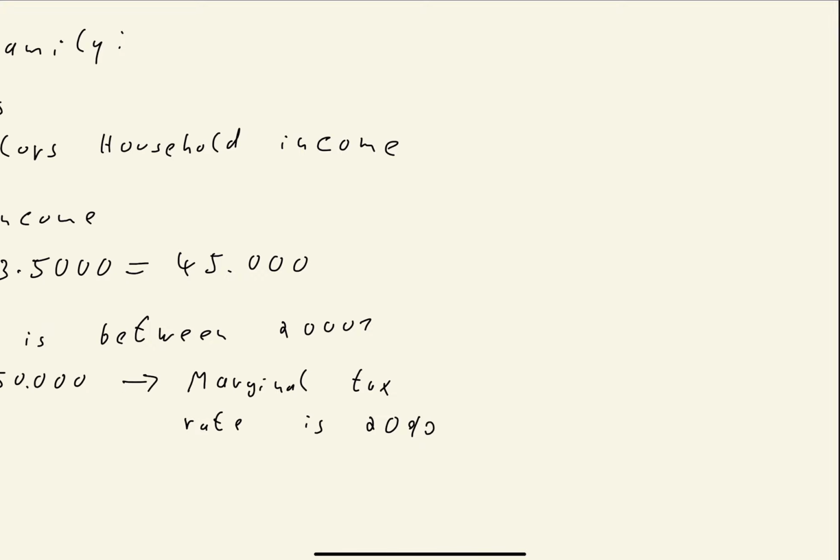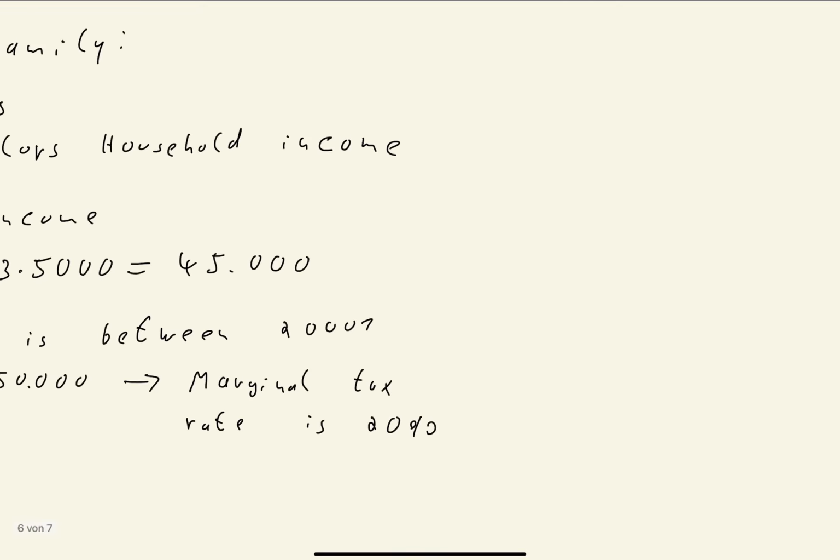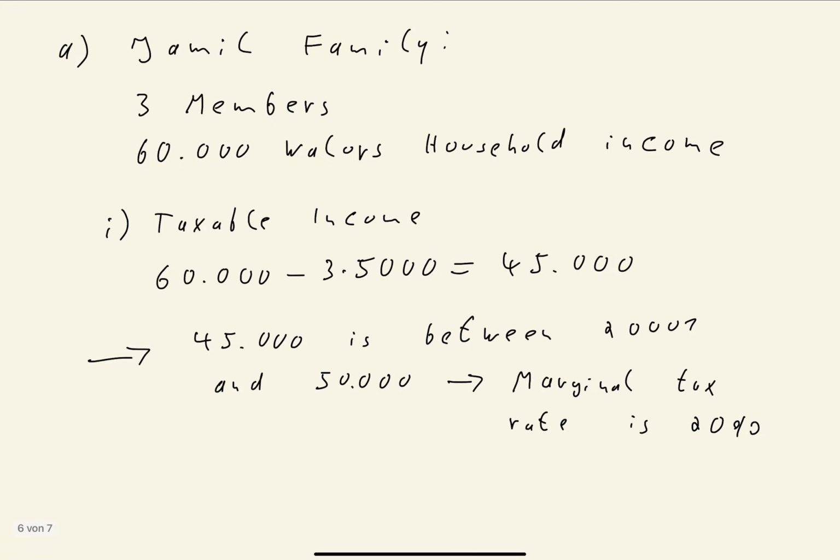So what we then need to calculate next is the average tax rate. What we need to calculate first before we can calculate the average tax rate is the total tax liability of the family. So in order to do this, we need to calculate how much taxes the family is paying in total.